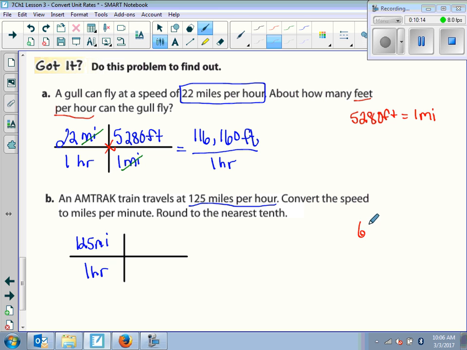Very good. 60 minutes is equal to 1 hour. So how am I going to place that in my table? 60 minutes on the numerator. In the denominator, because we want hours to cancel, right? So we have 1 hour on top, and we have 60 minutes on the bottom.